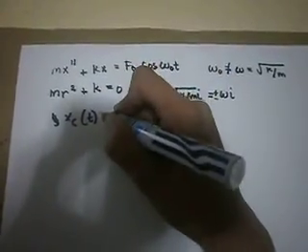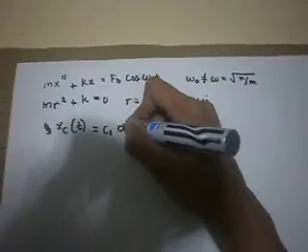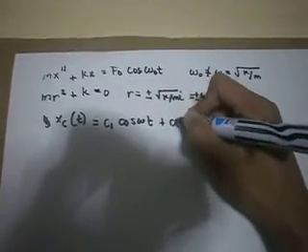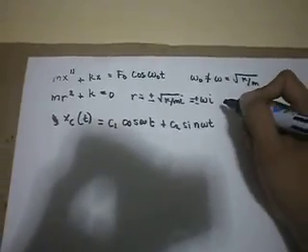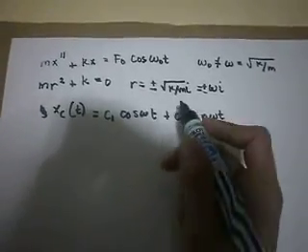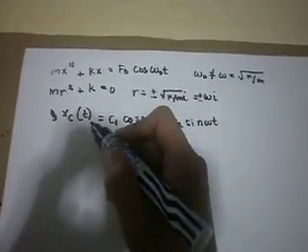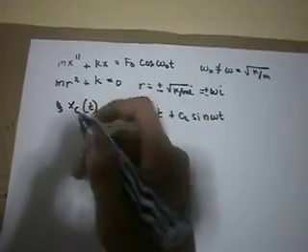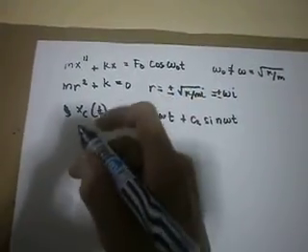So x_c is equal to c1 cosine of omega t plus c2 sine of omega t. This is our complementary function. Since we know that omega is not equal to omega_0, we can use this to find our x particular, or our particular integral.